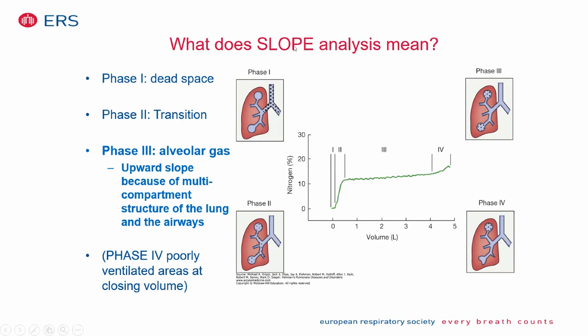And actually the slope of a single breath is divided in several phases. It's the dead space ventilation, a transitional phase, and what we are interested in is the alveolar gas phase 3, where you usually see an upward slope because the gas is coming from multiple compartments of the peripheral airways.